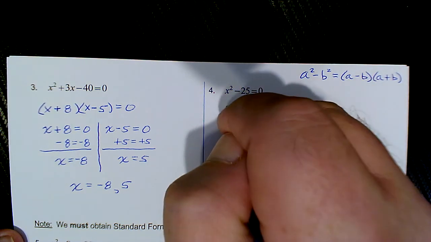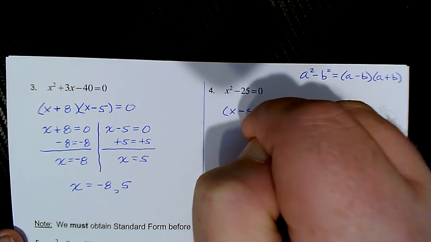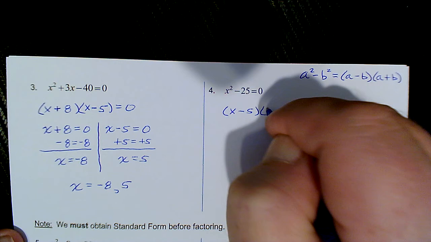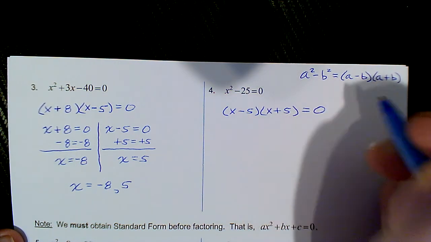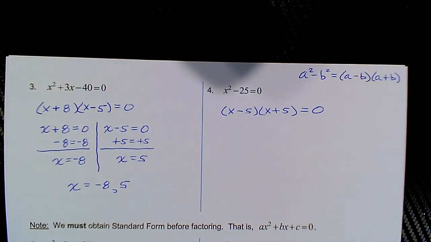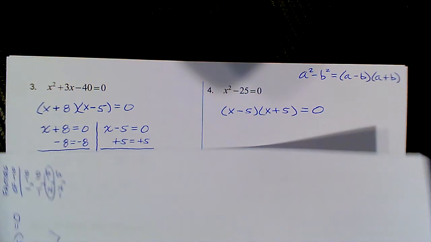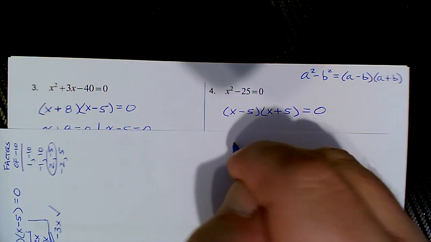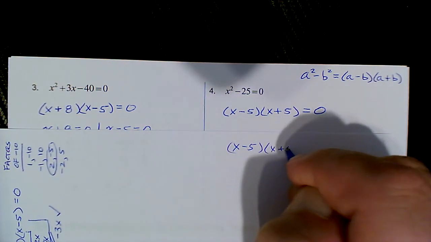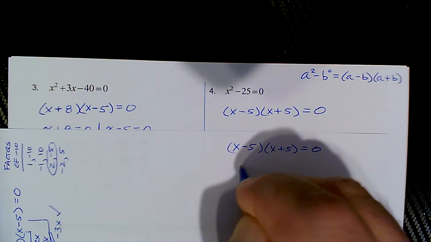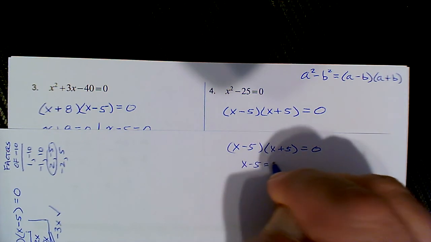So you could jump right in and factor that easily. X minus 5, x plus 5, set equal to 0, and perform the check if you want to go through it. Got scrap paper here to do so. So set each factor to 0.